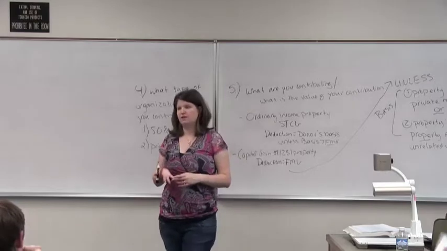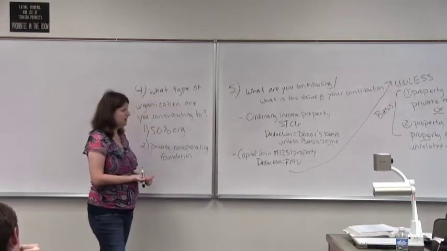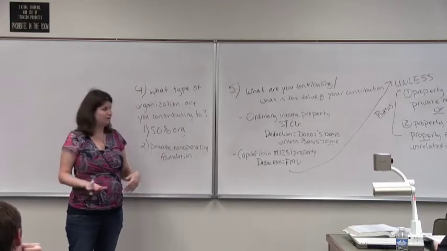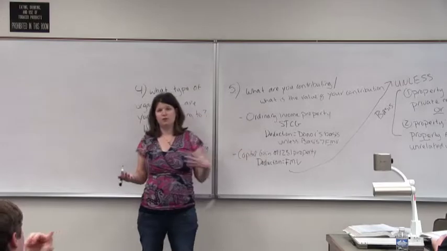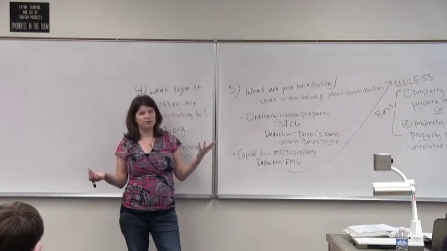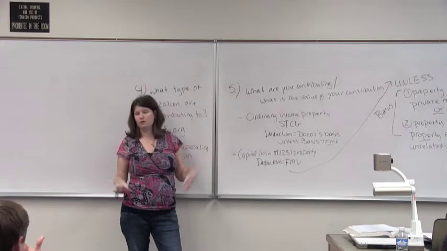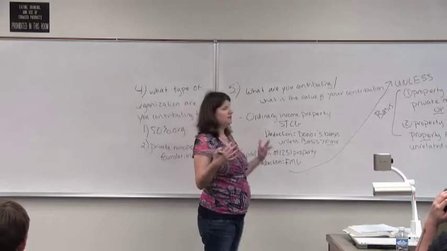So not land, not buildings. Tangible, meaning it's not intangible. Things that are considered to be intangible: stocks, bonds, copyrights. I don't know why you'd donate a copyright anyway, but something like that. All those are considered to be intangible.